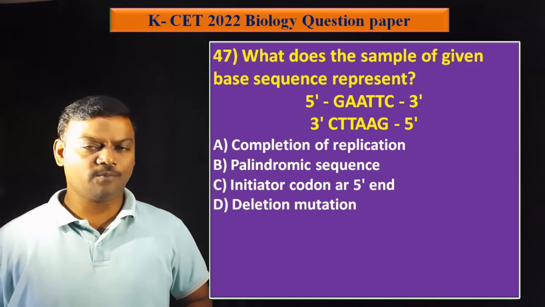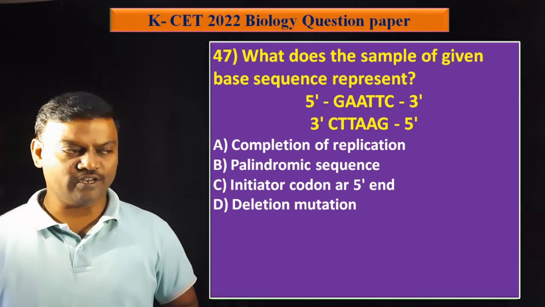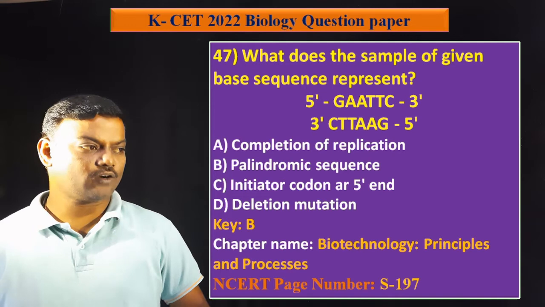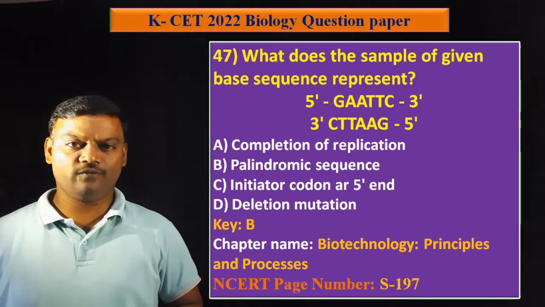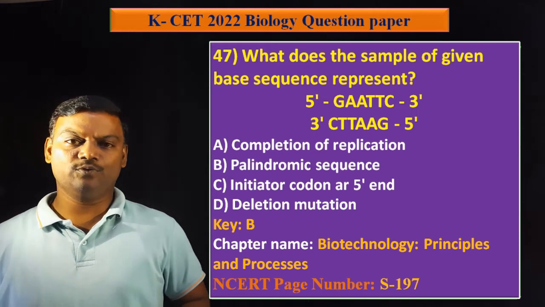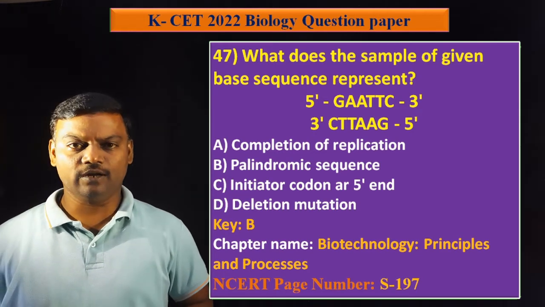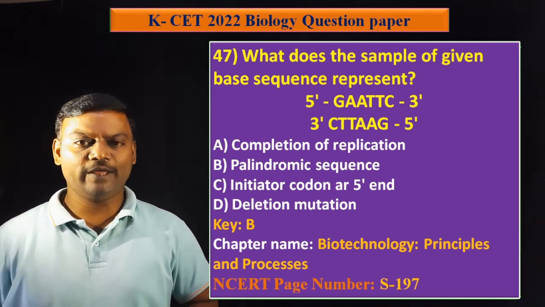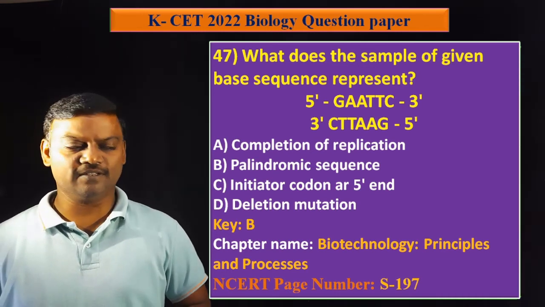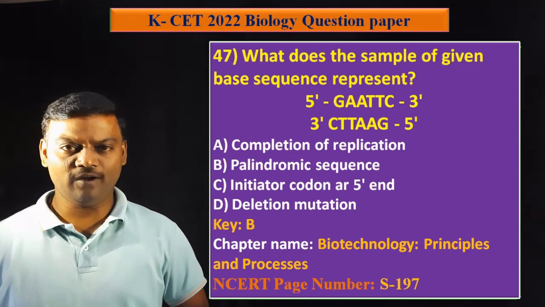And option D, deletion mutation. In this, the correct answer is option B. So the palindromic sequence is seen from 5' to 3' direction in either forward or backward direction. It is the question from Biotechnology Principles and Process, NCERT page number 197.